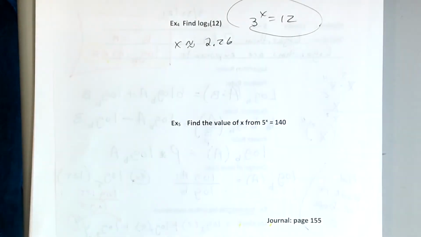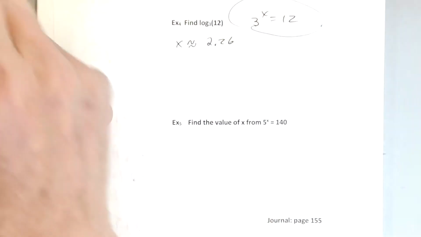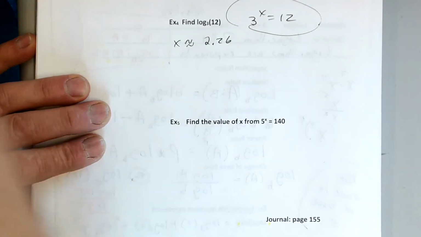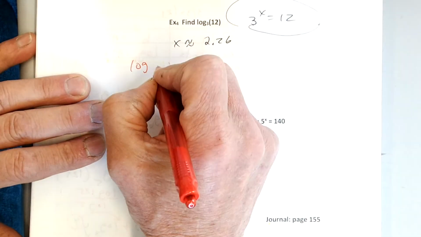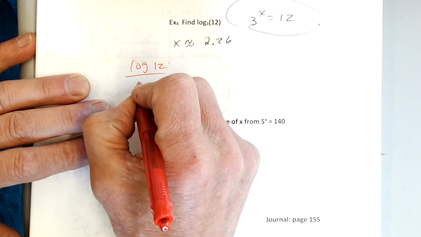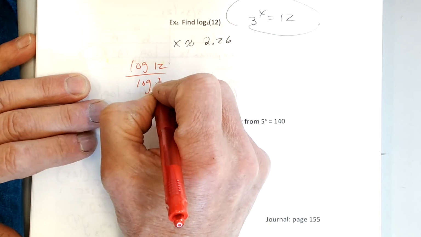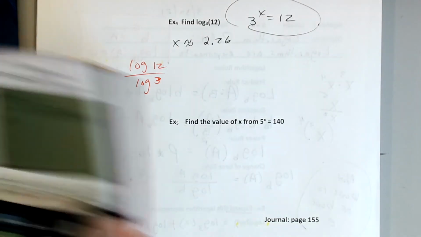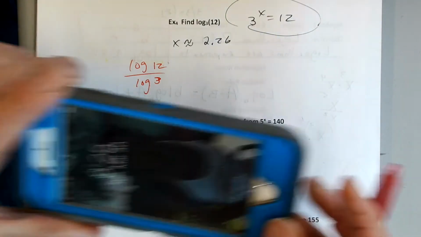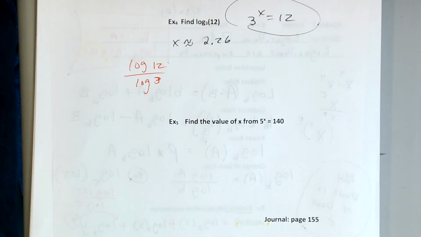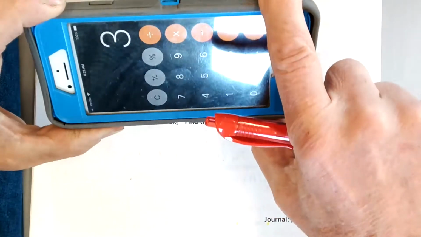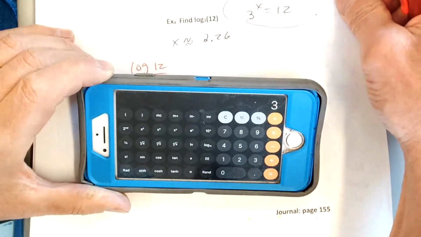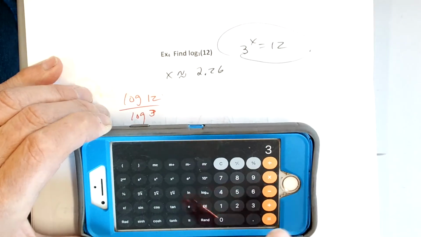Or if you don't have a fancy calculator, you just say, well, wait a minute, I don't have a fancy calculator, but I could just go log of 12 divided by log of 3. I could do it that way. And what's my base? It's base 10, which most calculators will do. You can even do that on your phone if you had to, right? Okay, clear.